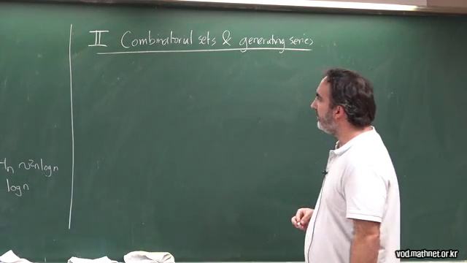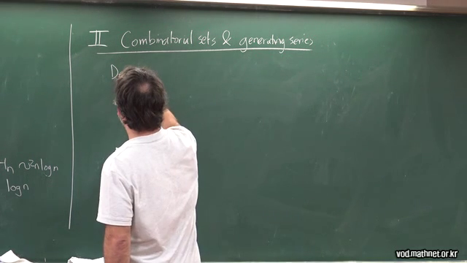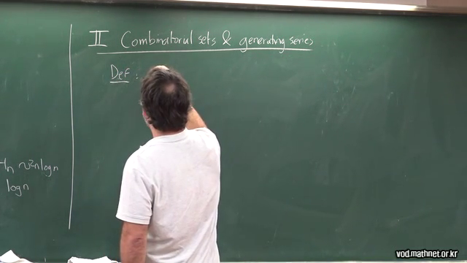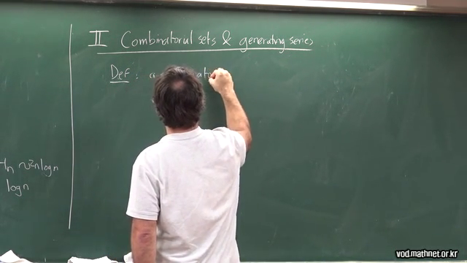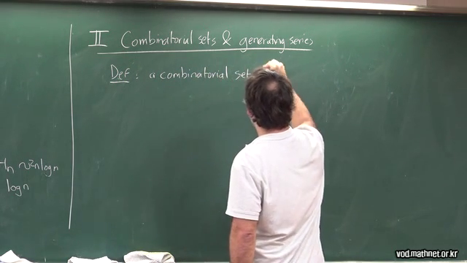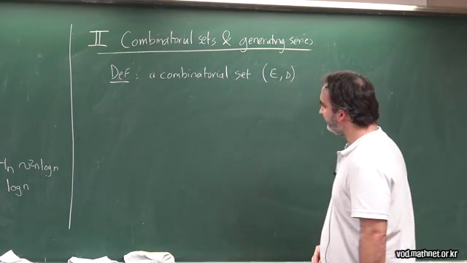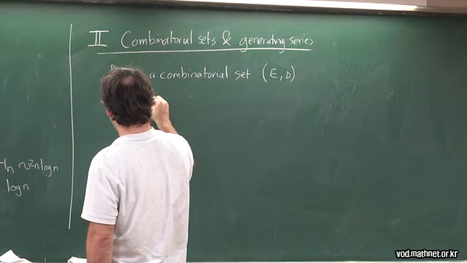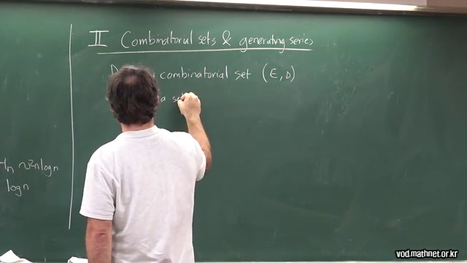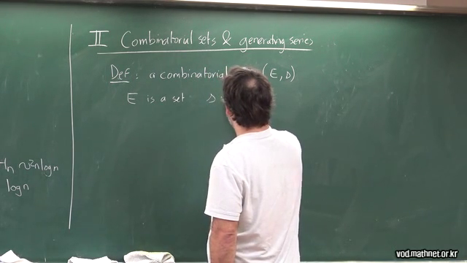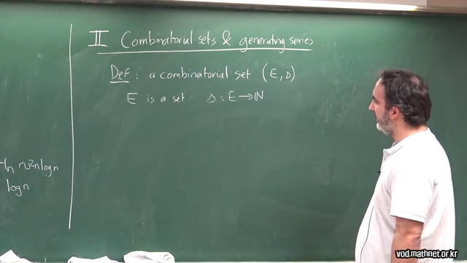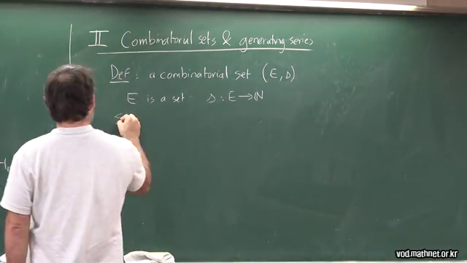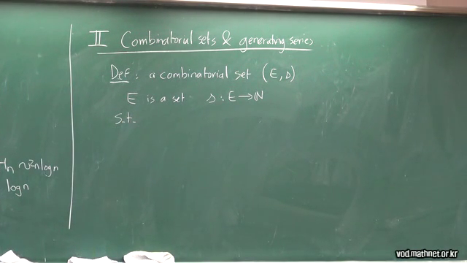Okay. So what is a combinatorial set? It's just a set with a notion of size. So I can write (E, S), E is a set, and S is a size function. Every element has a given size. And what you want is that there are finitely many elements of a given size.